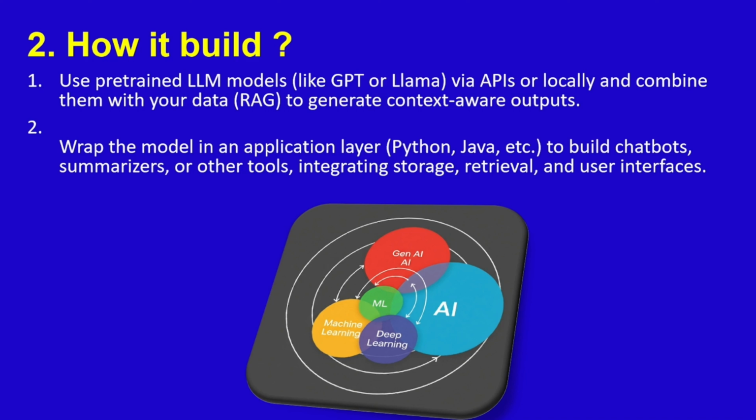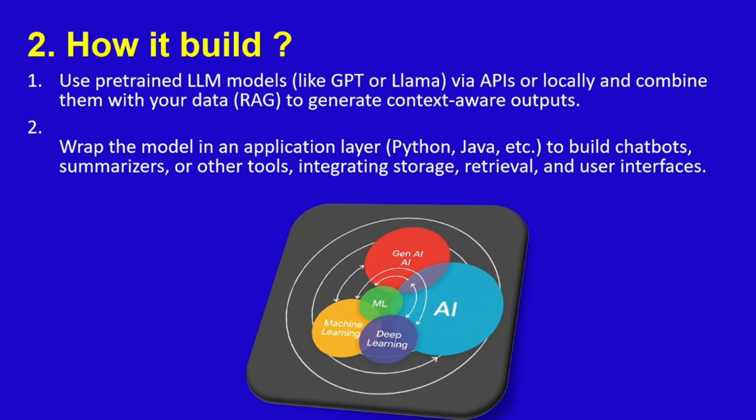Once it's installed on the local machine or available as an API call, you can inject your own data with the RAG system, retrieval augmented generation, to generate context-aware outputs from your specific data. That way you can generate a contextual output from your existing data using a RAG pattern, approach, or system.